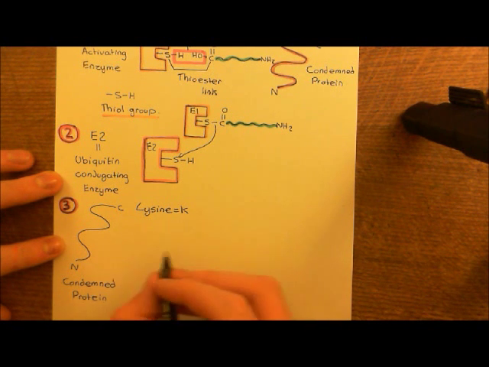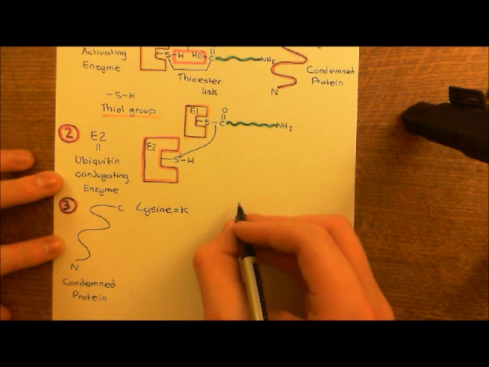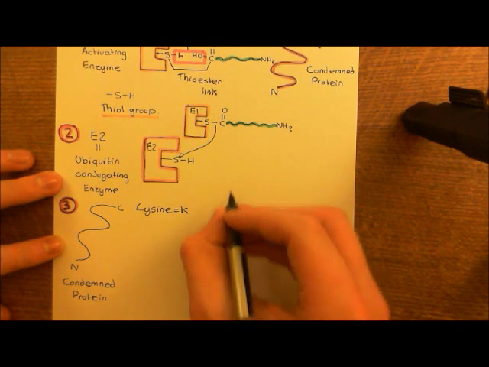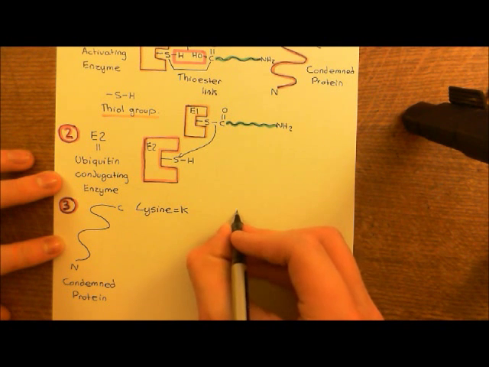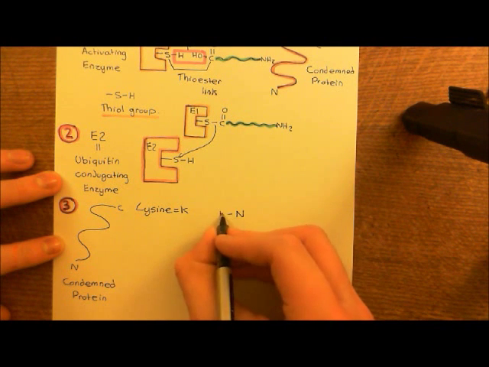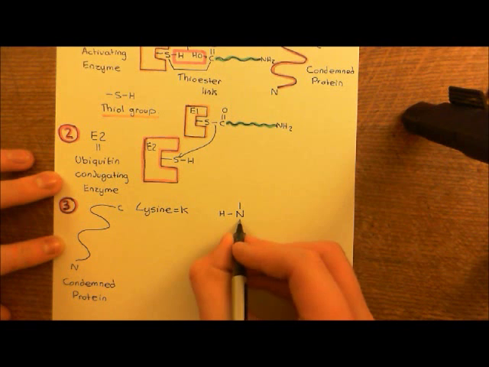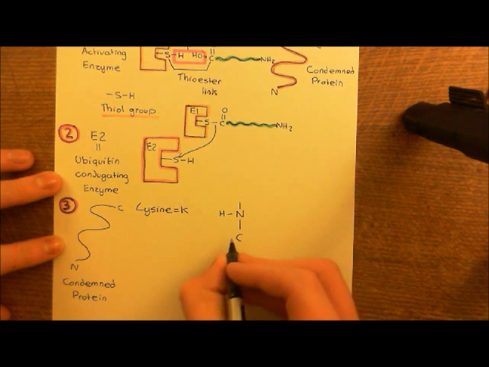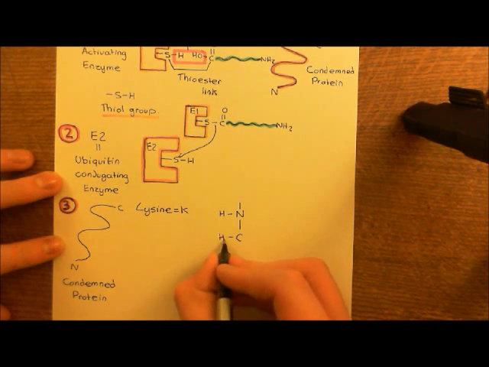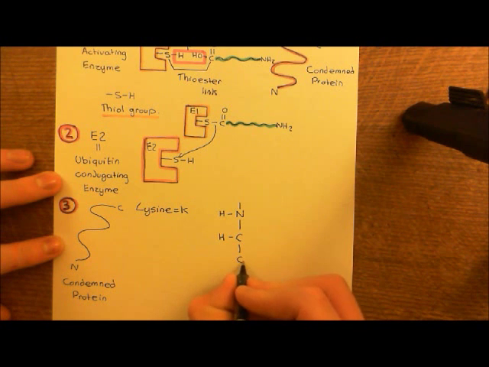Right, so let me show you the structure of a lysine residue, and then we'll discuss how we're going to attach the ubiquitin molecule onto the lysine residue. So, once again, I'll show it as a residue, so I'll show it as though it's bound within a polypeptide. So here's the amino group here. Here's the alpha carbon with a hydrogen coming off it. Here's the carboxylic acid group.